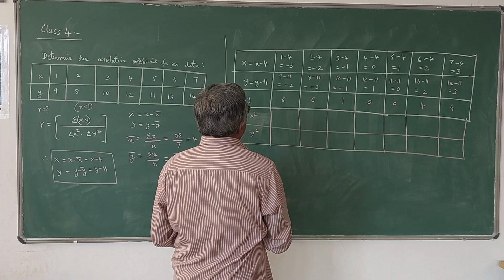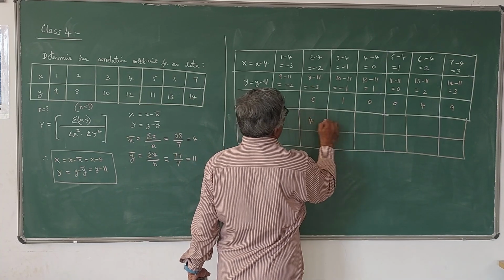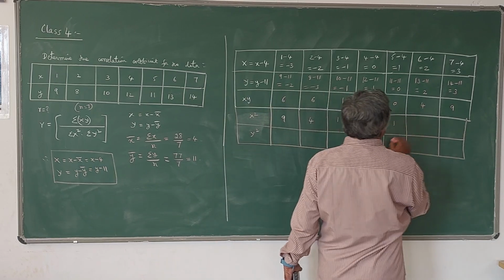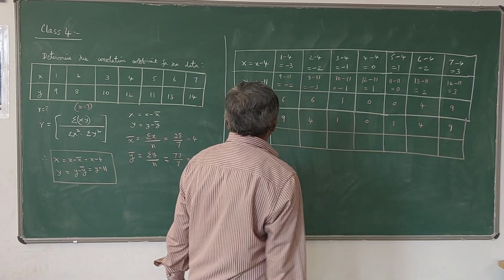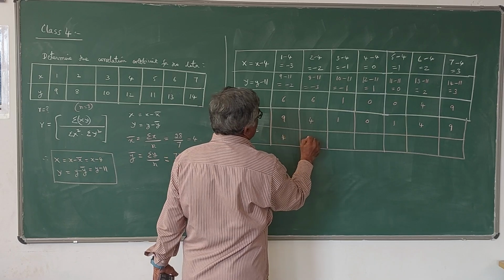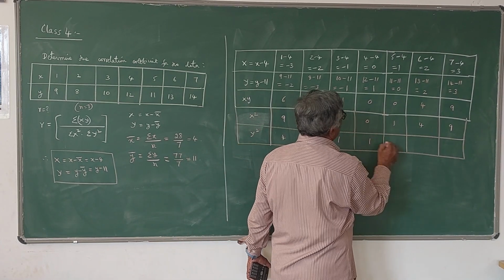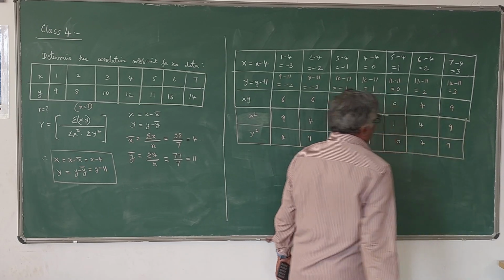So minus 3 square is 9, minus 2 square is 4, minus 1 square is 1, 0 square is 0, 1 square is 1, 2 square is 4, 3 square is 9. Then y square, the square of this. So minus 2 square is 4, minus 3 square is 9, minus 1 square is 1, 1 square is 1, 0, 2 square is 4, 3 square is 9.